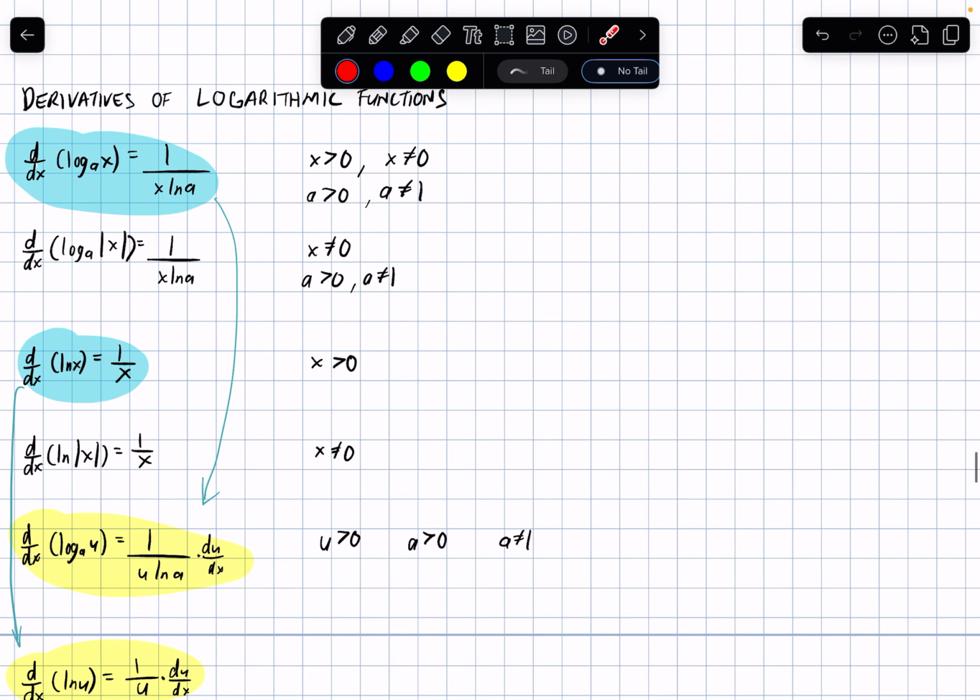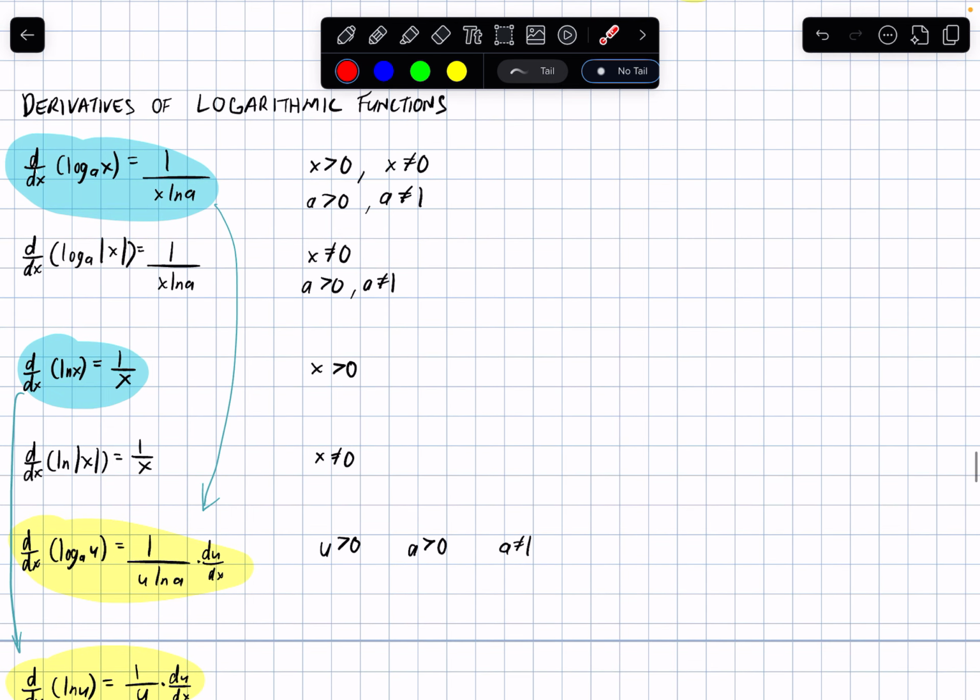Okay? The next is the derivative of log absolute value of x base a. It's essentially the same thing. It's still 1 over x ln a, the same as this. And it's the same thing for the derivative of ln absolute value x. It's still going to be equal to 1 over x.